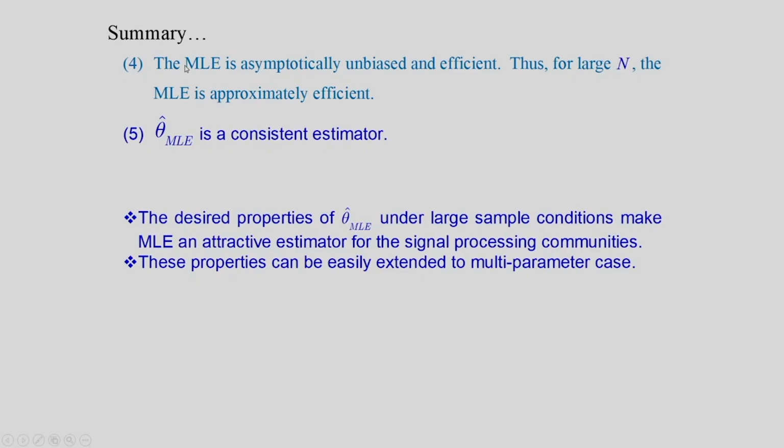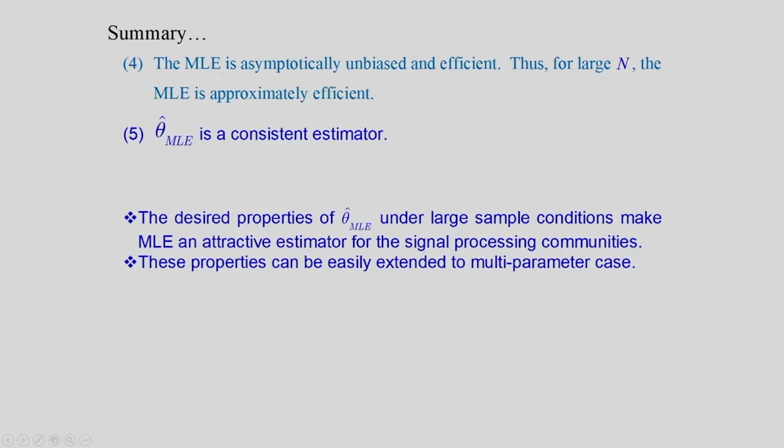Then we establish the large sample properties of MLE. MLE is asymptotically unbiased and efficient. Thus, for a large number of samples, MLE satisfies the Cramer-Rao bound with equality. Thus, for large n, MLE is approximately efficient. Theta hat MLE is also a consistent estimator, that we did not prove, but this is also a general property of maximum likelihood estimator.